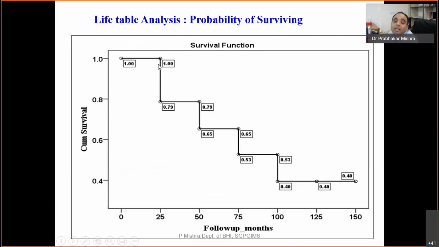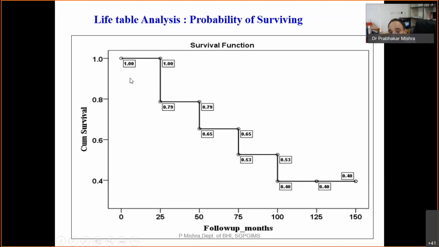A patient comes in the emergency, so we take only live patients. So initially all patients' survival probability was 100%, and later at the end of 25 months, survival probability is 0.79, then at 50 months this, 75 months this, and so on. So for every 25-month duration, survival probability is given.